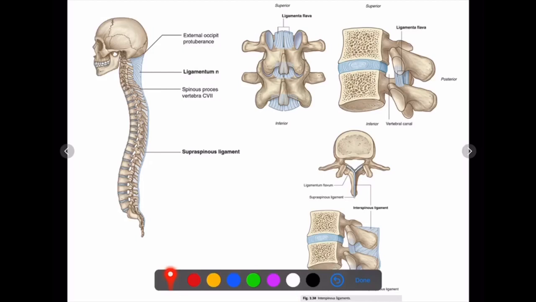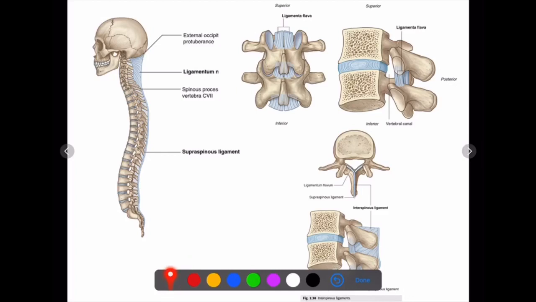This is the picture showing the vertebral column with its curves. The curve in the cervical region, as we see in the picture, is concave posteriorly and convex anteriorly.